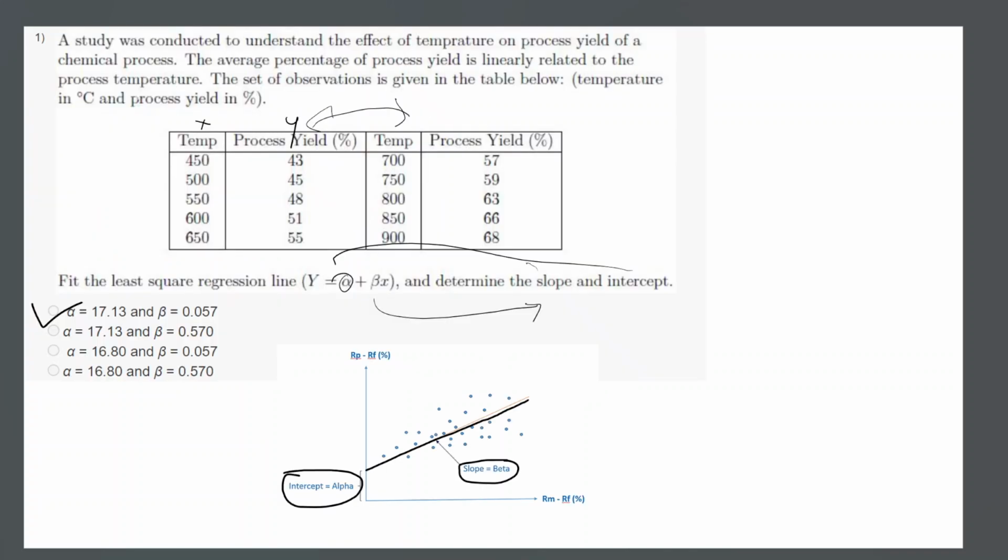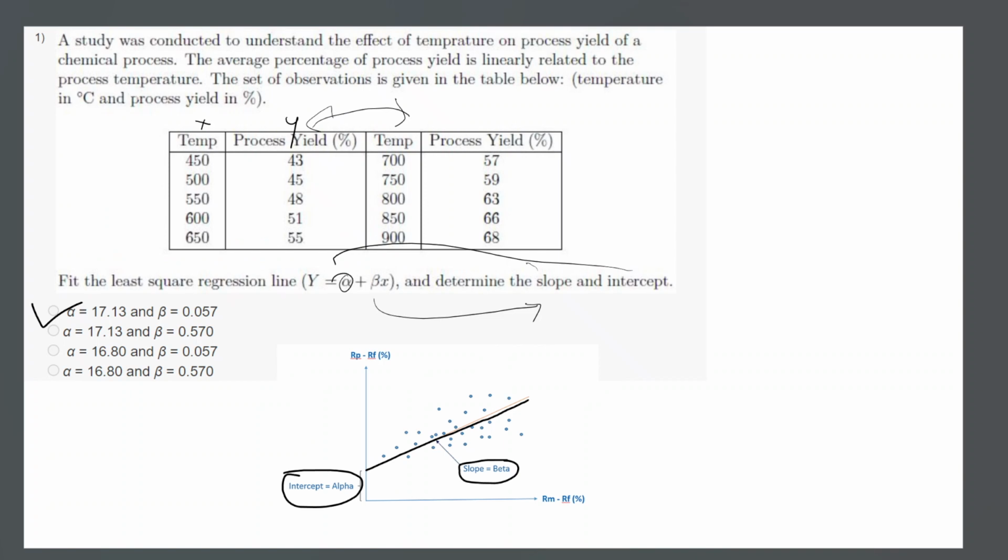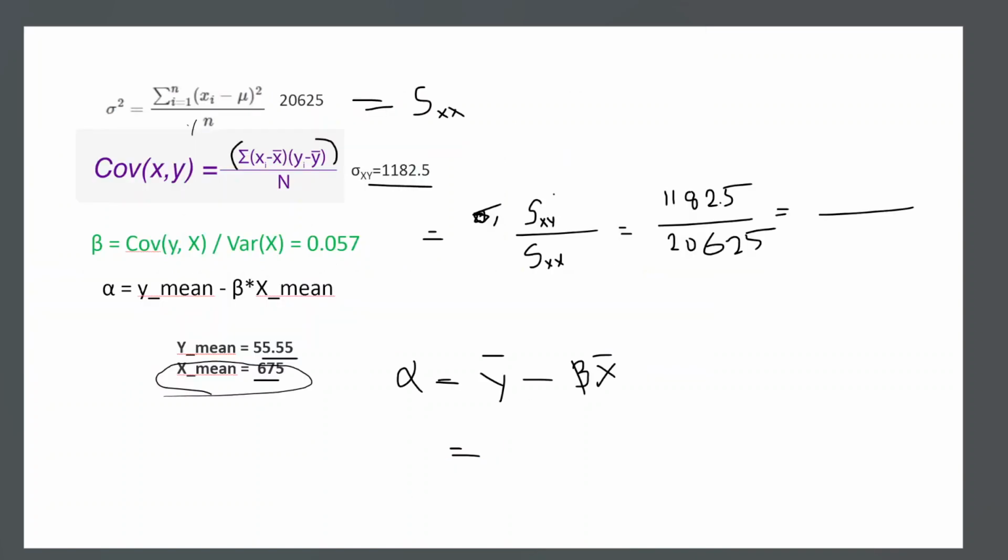So you can find it by finding x bar. x bar is 675. I have already calculated it to save time so that we can discuss more of the theoretical part. And the y mean I have also calculated; it is around 55.55.